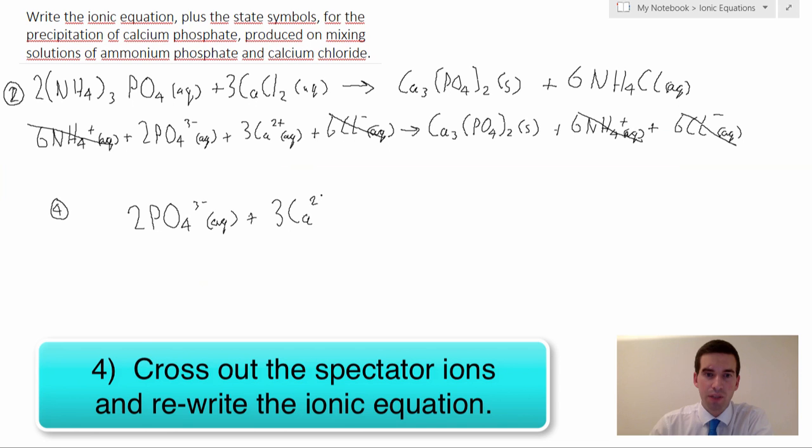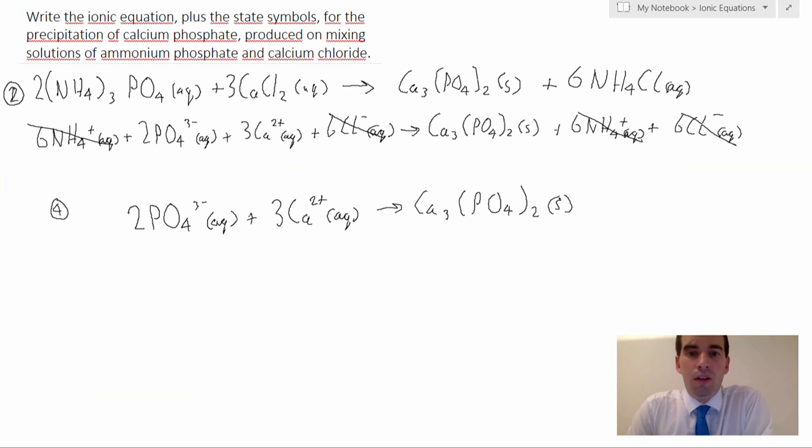Plus 3 calcium ions makes calcium phosphate. So you should have an equation which balances both in terms of atoms and also in terms of charge. And you can see this one does.